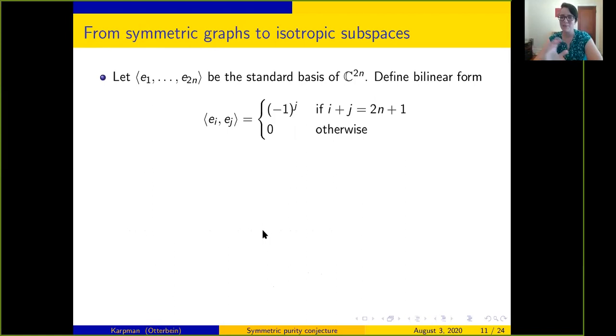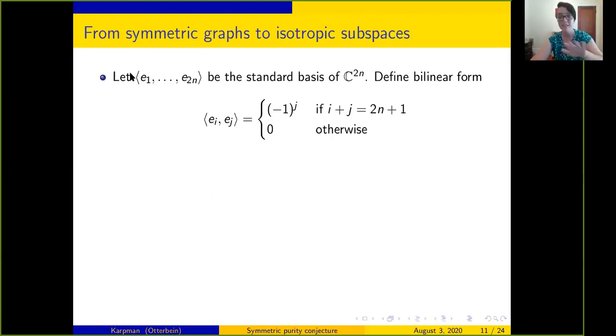It turns out that imposing symmetry on the graph means that you're restricting to matrices whose rows are orthogonal with respect to a skew-symmetric bilinear form. In order for all my signs to end up as I need them to be, I have to set this up a little bit carefully.